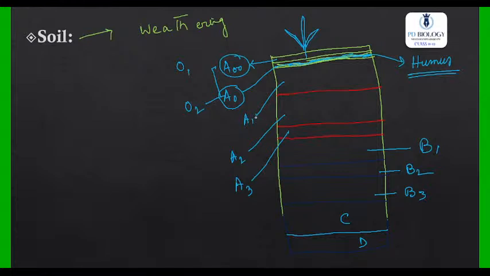Next one, the A horizon. A horizon is subdivided into A1, A2 and A3. A1 is the uppermost sublayer, which is dark in color.